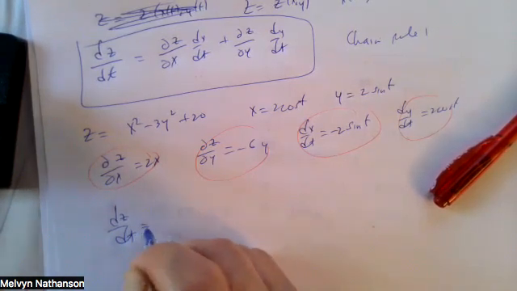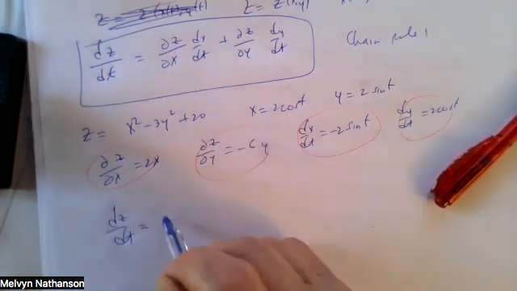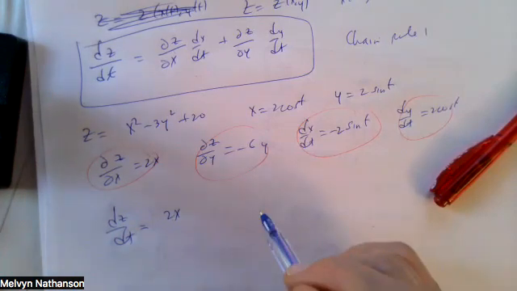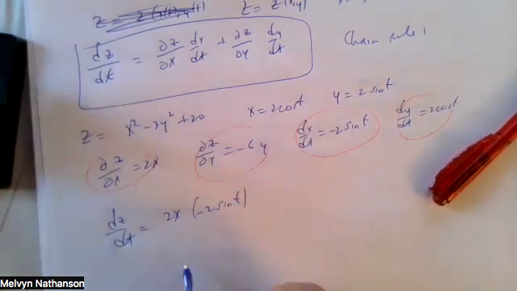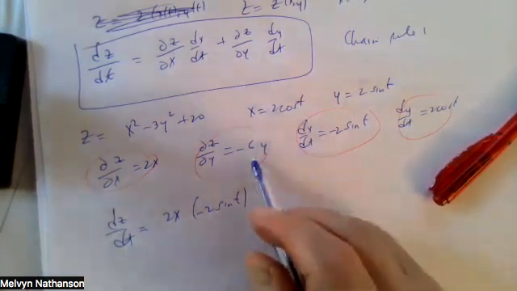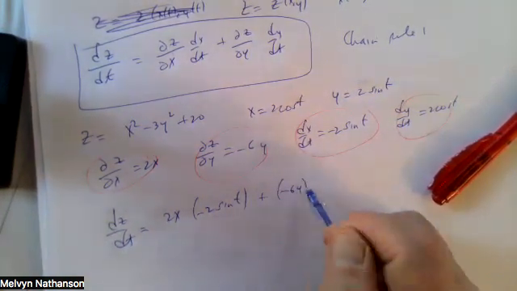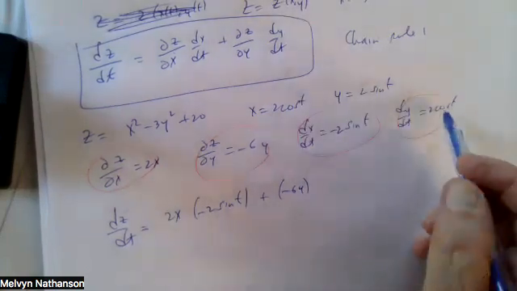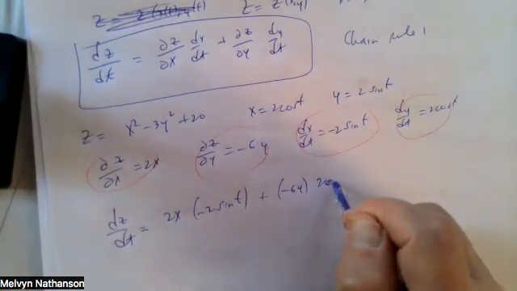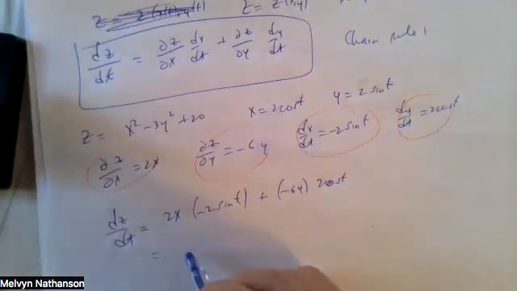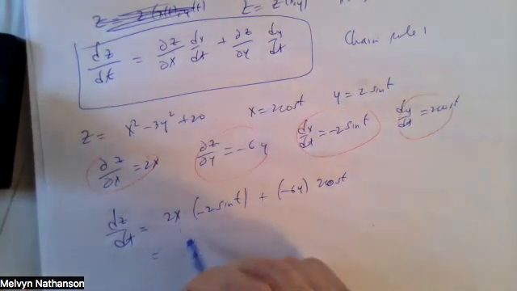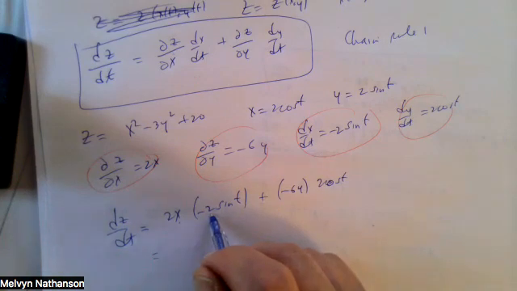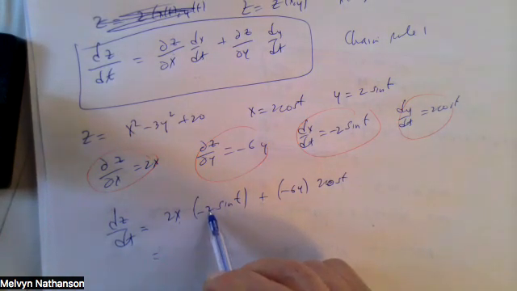I get dz dt is dz dx, 2x, dx dt minus 2 sine t, plus dz dy minus 6y, dy dt, which is 2 cosine t. X is 2 cosine t. So I have 2 times minus 2, minus 4.